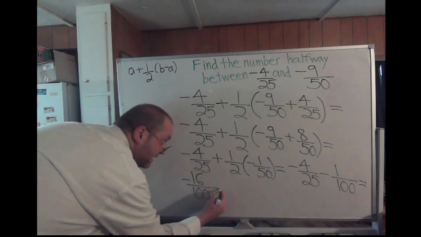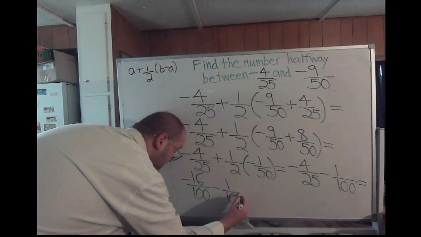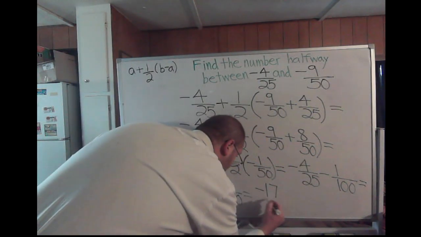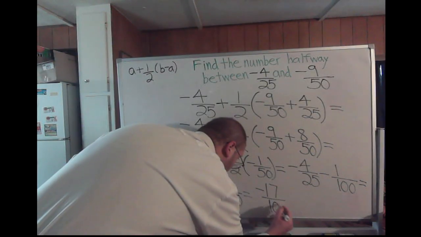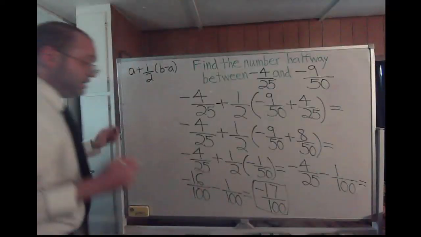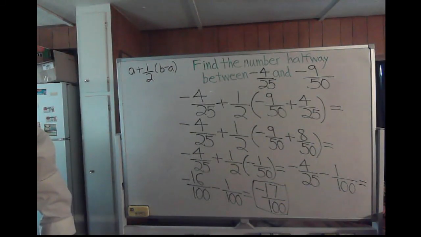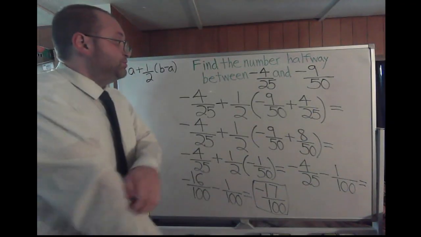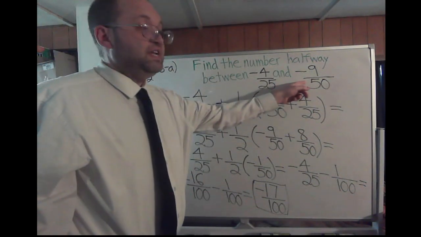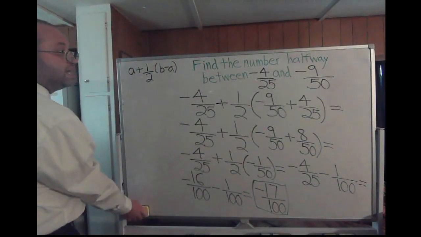Then you'll have minus 1/100th, which would simplify into negative 17/100ths, which will reduce no further. So that's your answer, negative 17/100ths. So the number that's halfway between negative 4/25 and negative 9/50 is negative 17/100ths. That's the number that's halfway between them.